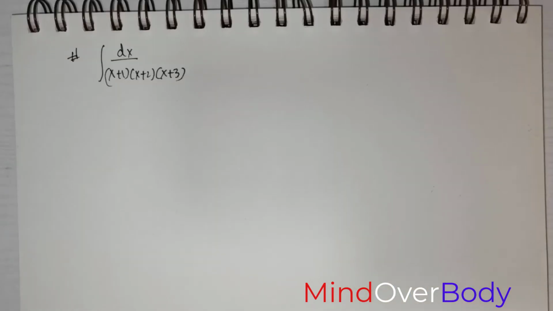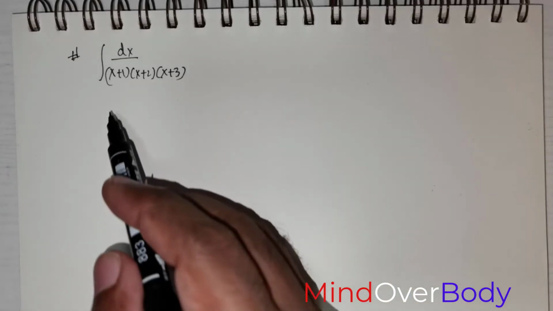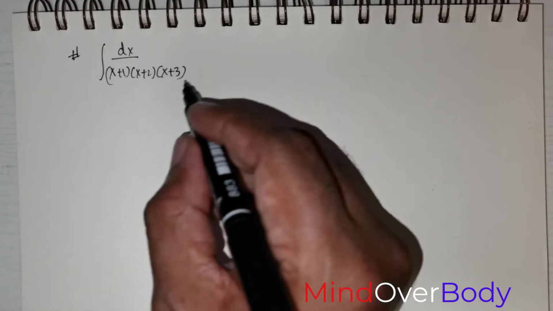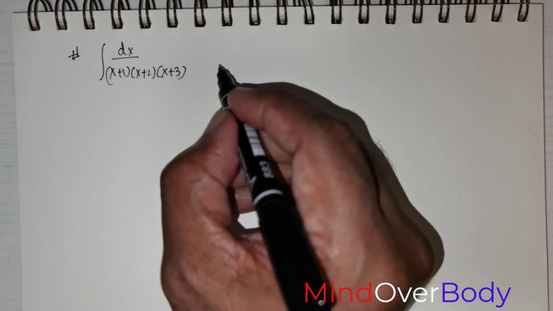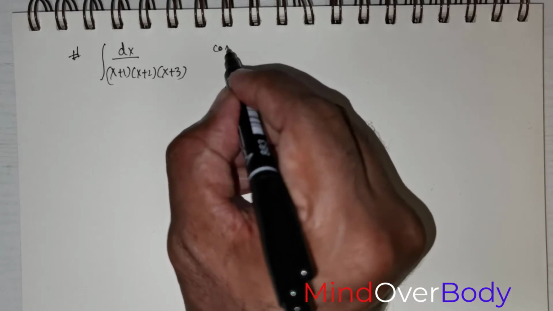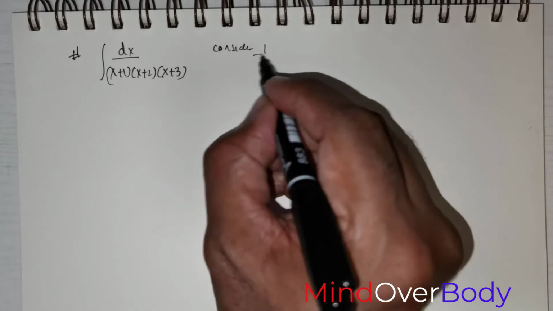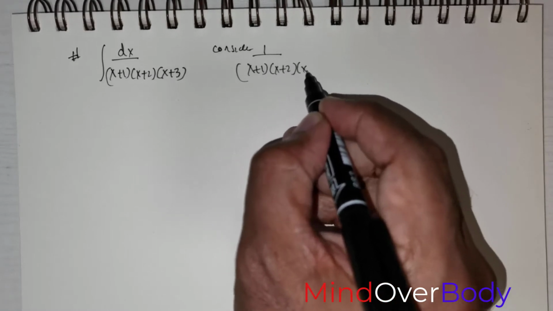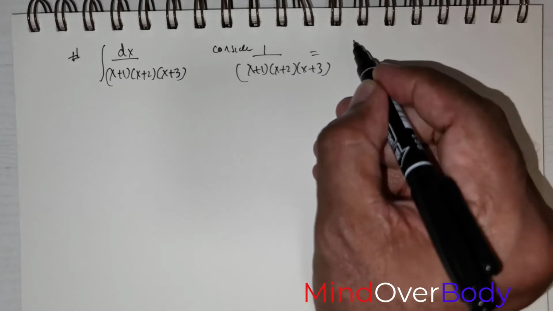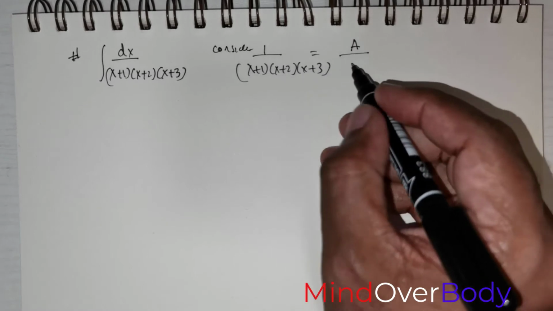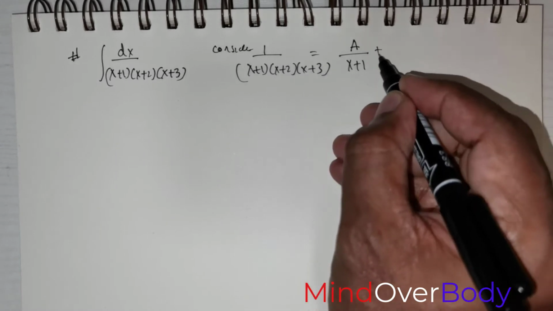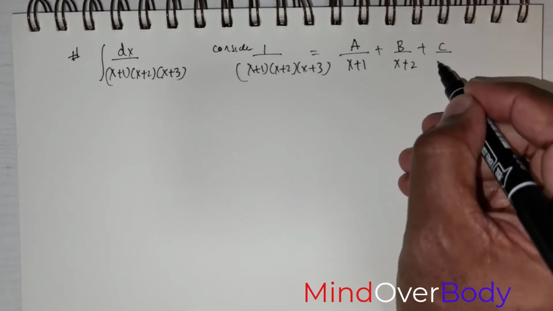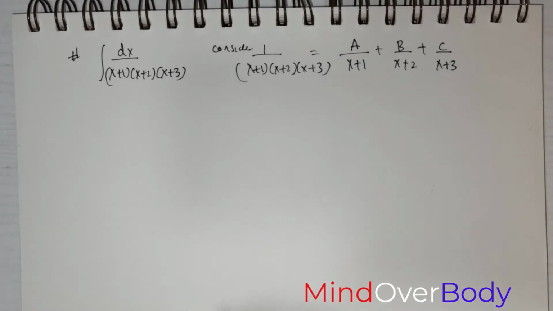So students, we have been given this question: the integral of dx over (x+1)(x+2)(x+3). So you got 3 terms there. So I will start off like this. Consider 1 over (x+1)(x+2)(x+3), and I rewrite this on the right side as A over (x+1) plus B over (x+2) plus C over (x+3).